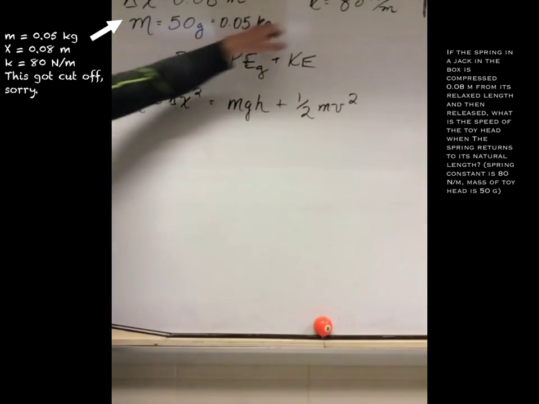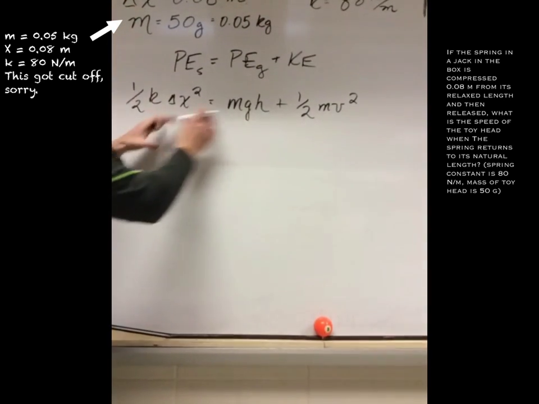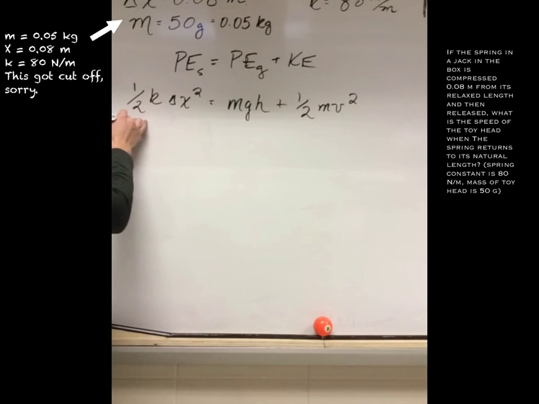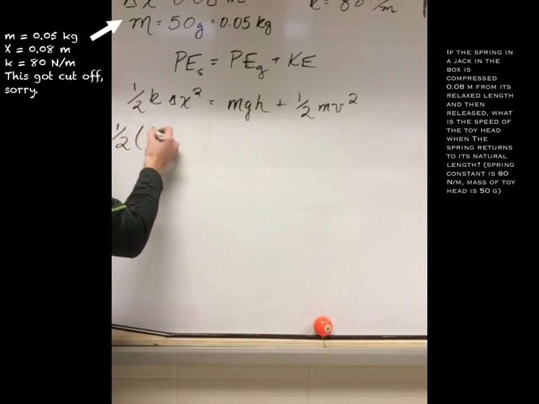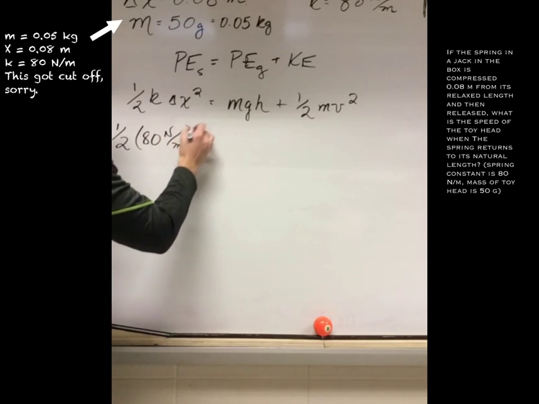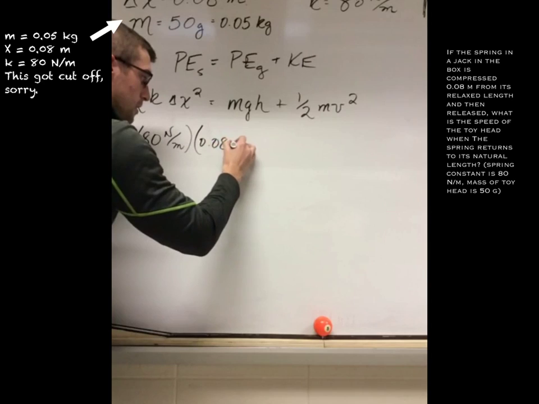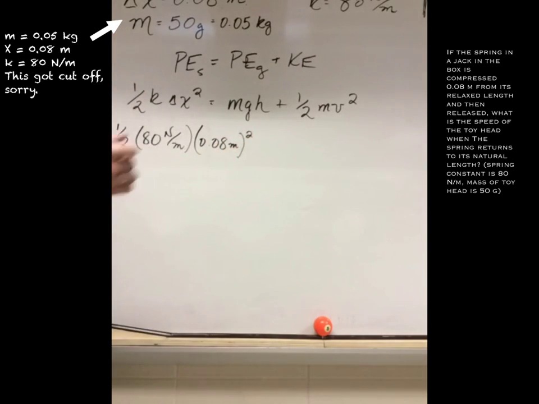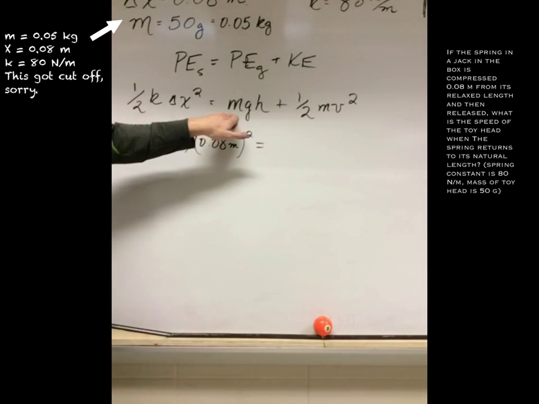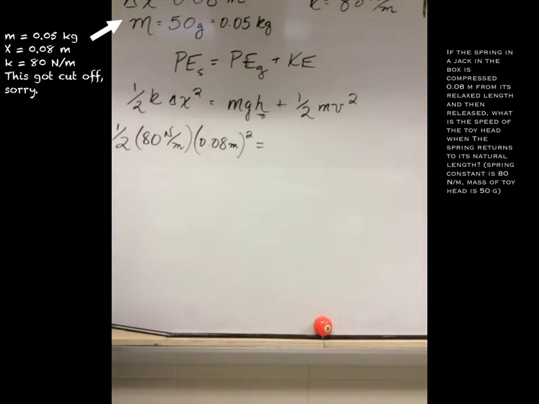Now I have our known information up here, so we can plug that into this extended equation. We can say that 1/2 times our spring constant, 80 newtons per meter, times our change in x, which is 0.08 meters, squared, is equal to, well, we know the mass, we know gravity, but what about this h? What is this h value?